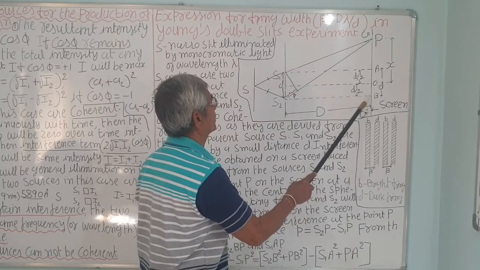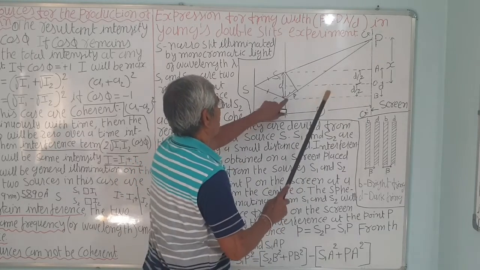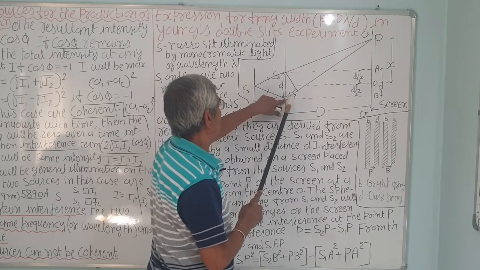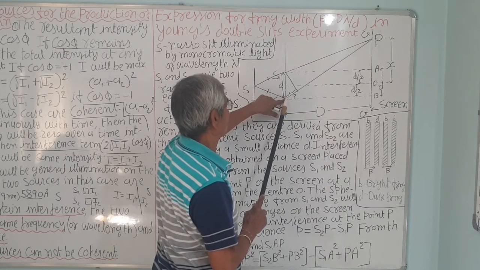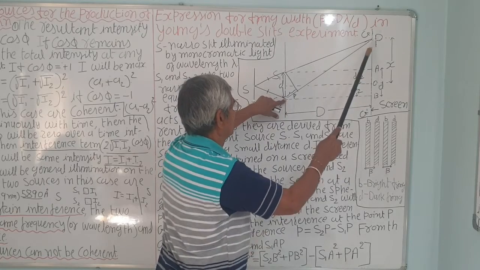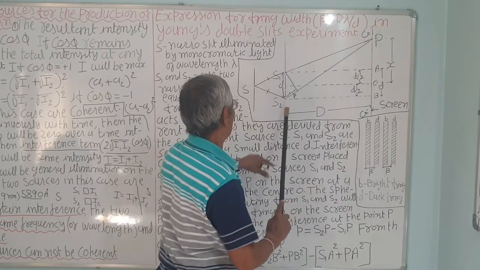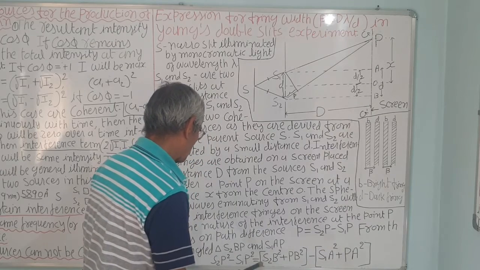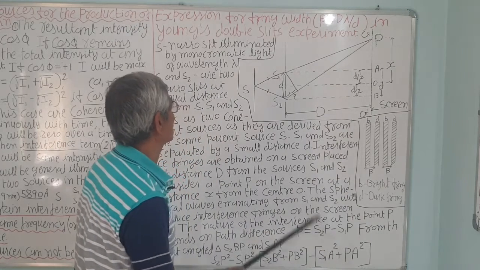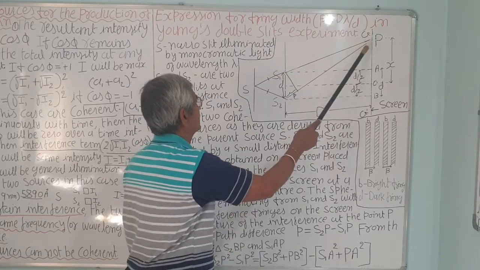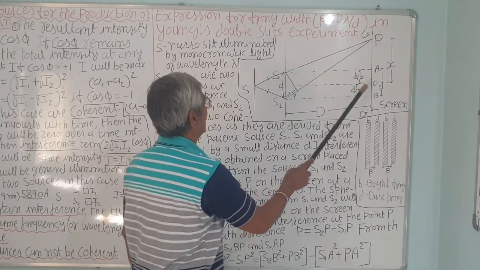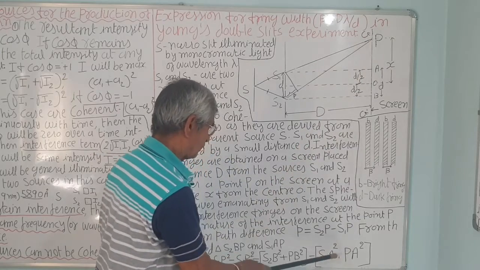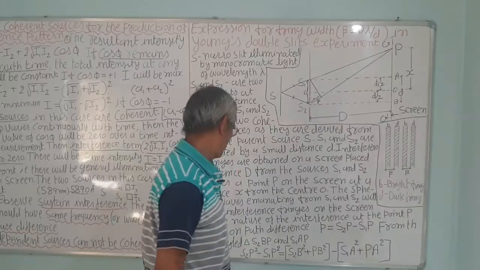S2P square is the hypotenuse of the right angle triangle, equal to the sum of the squares of the two other sides, so it is S2B square plus PB square. Similarly, S1P square is equal to S1A square plus AP square.